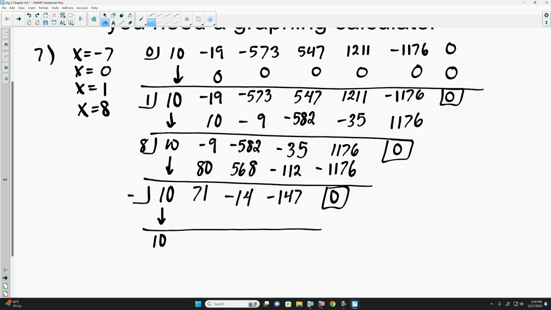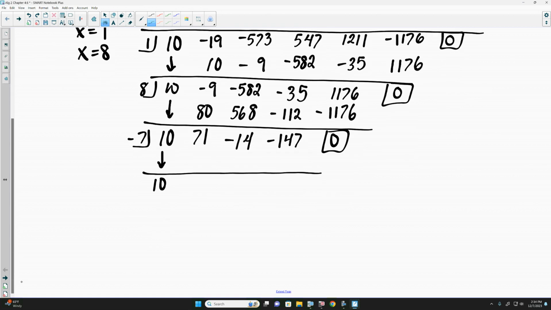Then the last one we need to do is -7. -7 times 10 is -70. 71 plus -70 is 1. -7 times 1 is -7. -14 plus -7 is -21. -21 times -7 is 147, which gives us 0.